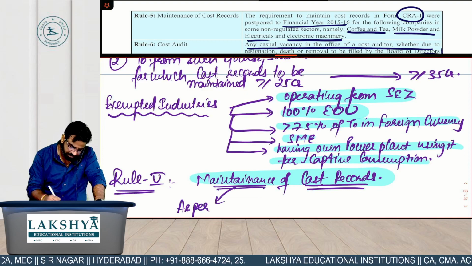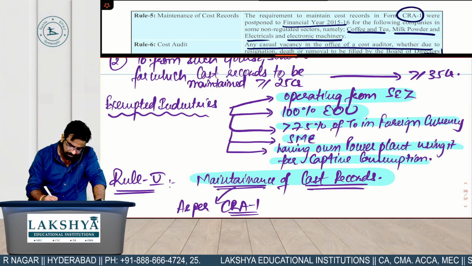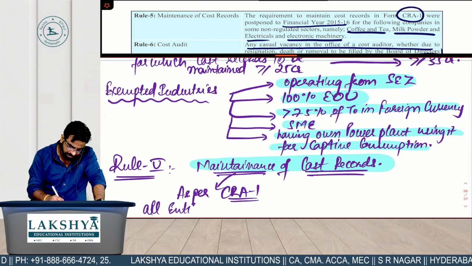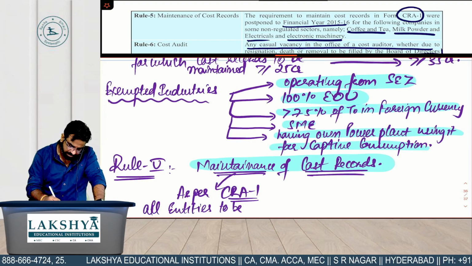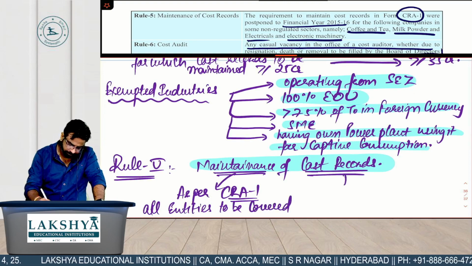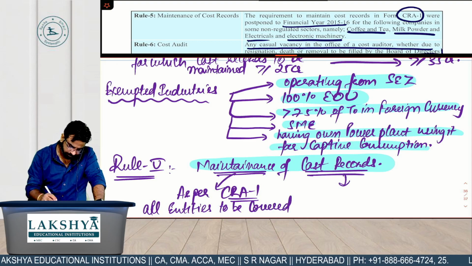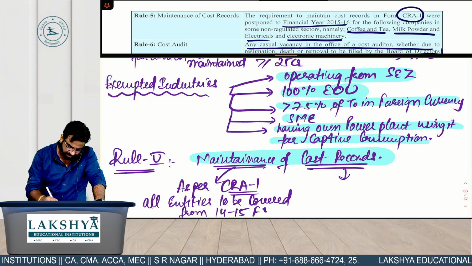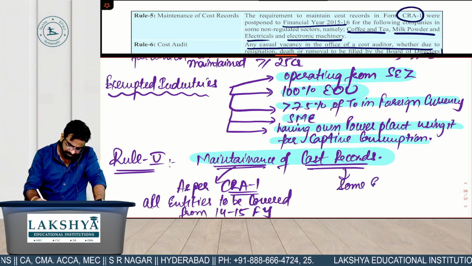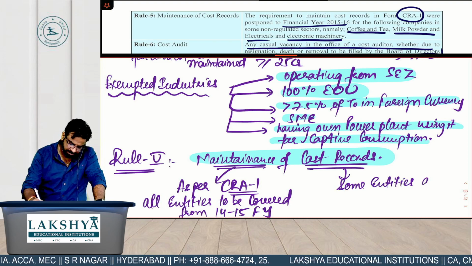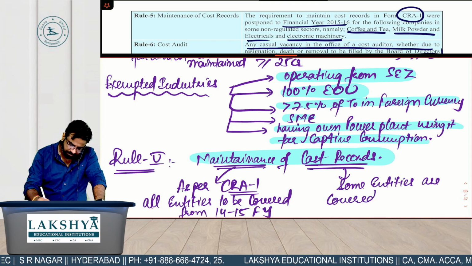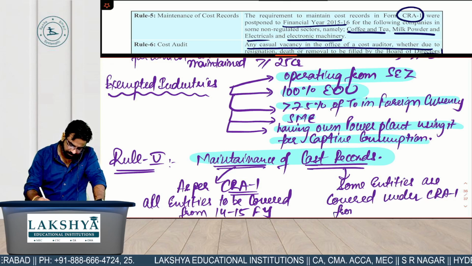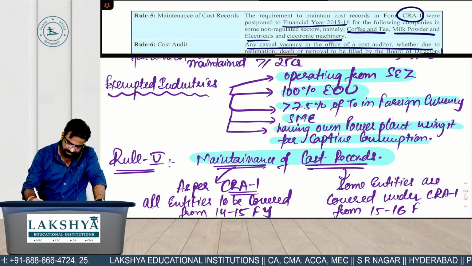As per CRA 1, all entities to be covered from 14-15 financial year. Some entities are covered under CRA 1 from 15-16 financial year.